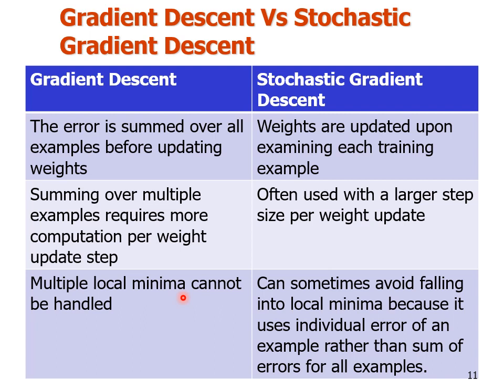As far as the stochastic gradient descent algorithm is concerned, it uses the individual error of an example rather than the summation of errors for all the examples, and hence can sometimes avoid falling into local minima, and mostly it reaches the global minimum even though multiple local minima are available in the cost function.